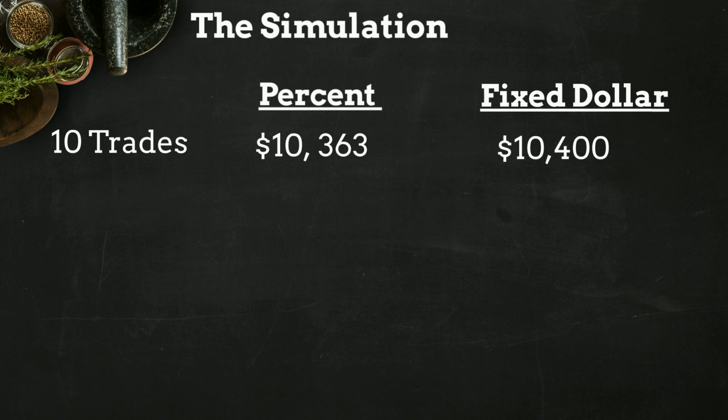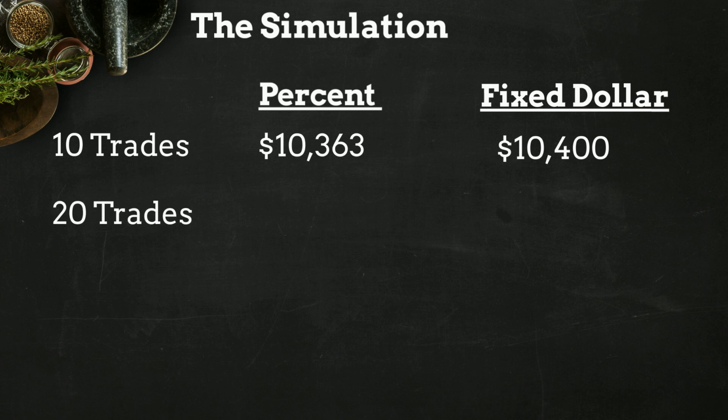So if we maintain the same win rate, same scenario, same money management whereby we're winning twice our amount, where will we end up at 20 trades? After the next 20 trades, this is where we will be at. In the percent risk model, the capital will be at $10,739.